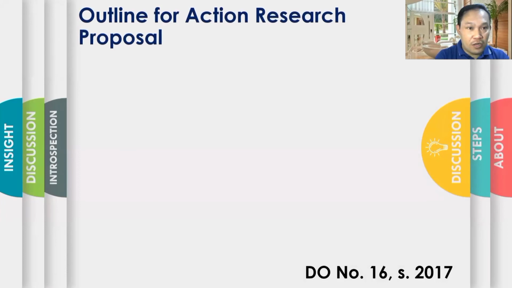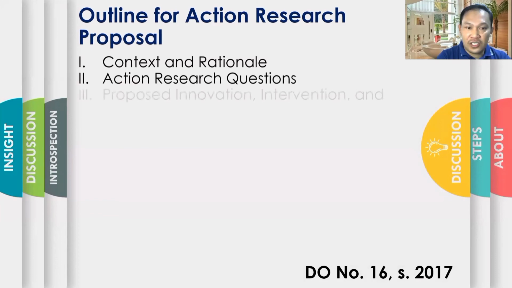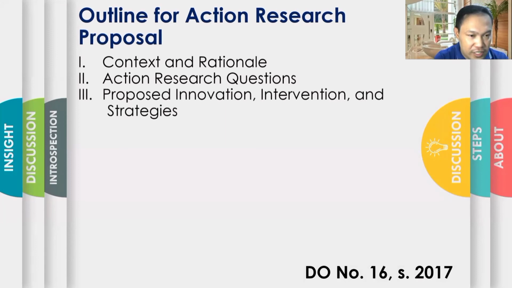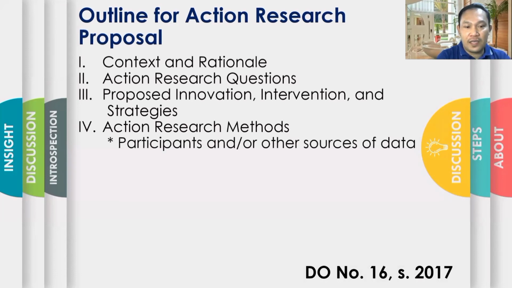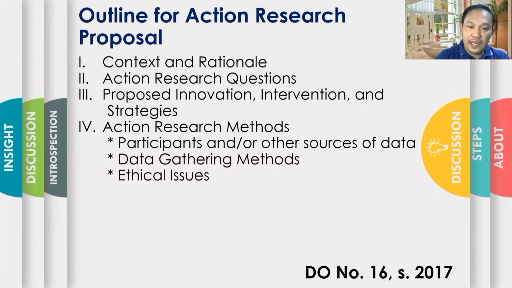Okay, now let's recall the different parts that we have to include in writing our action research proposal. We have the context and the rationale, the action research questions, the proposed innovation, intervention, and strategies, the action research methods, which comprise the following: participants, data gathering methods, the ethical issues, the data analysis plan.